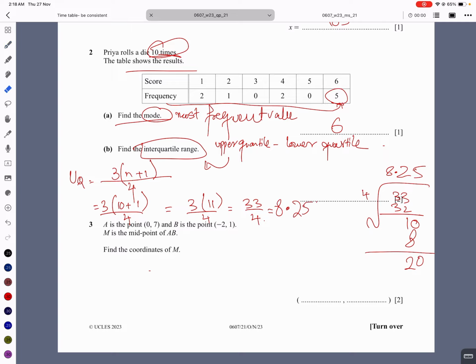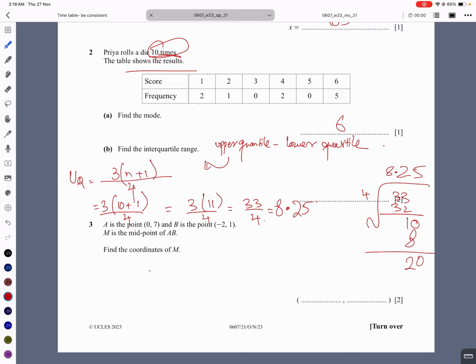Now when frequency is given, how do you find the quartile? You find the quartile like this. Firstly, you find cumulative frequency. How do you find cumulative frequency? First figure you will write as it is, and for the next frequency you will add: 2 plus 1 is 3, and then 3 plus 0 is 3, then 3 plus 2 is 5, then 5 plus 0 is 5, then 5 plus 5 is 10.